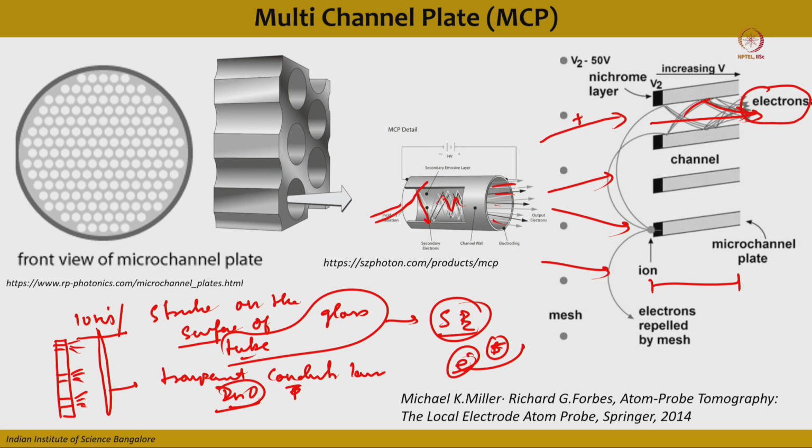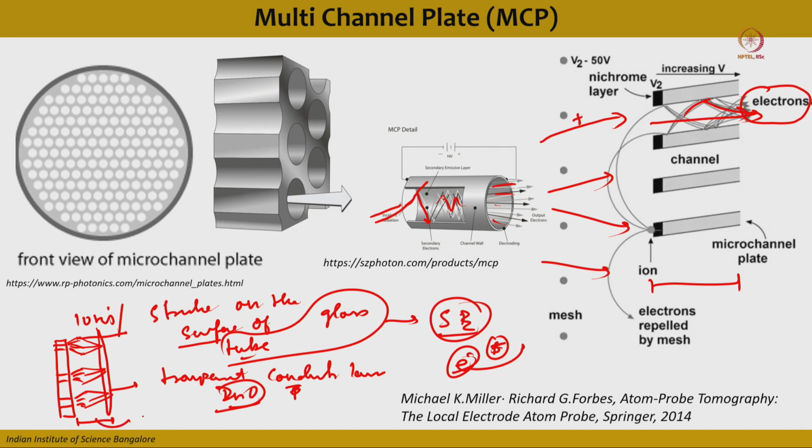Then what will happen if you apply a bias voltage of a few kilovolts across the back end of the MCP plate and the phosphor screen? These electrons, which have a spread, will converge to a sharp spot on the phosphor screen.